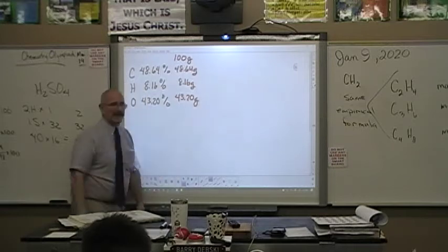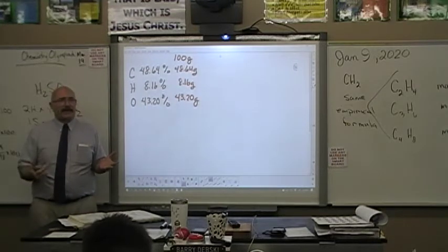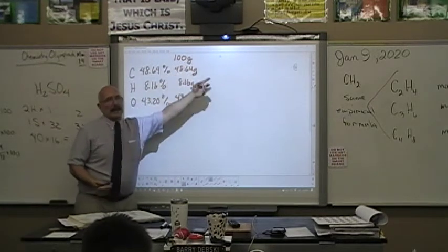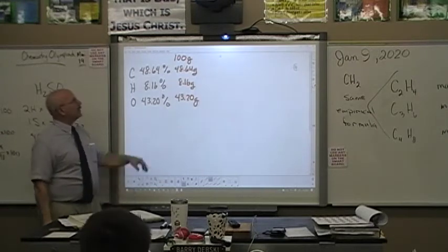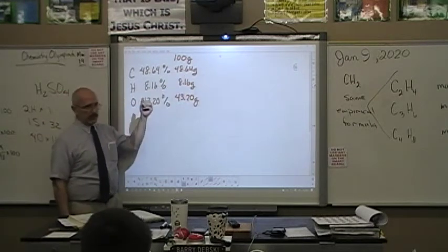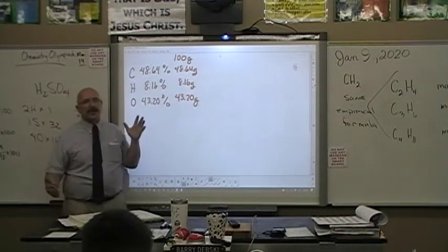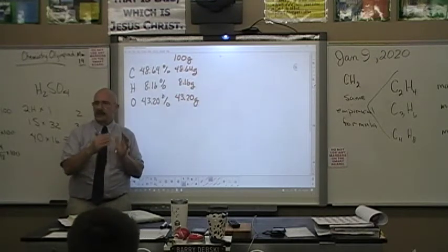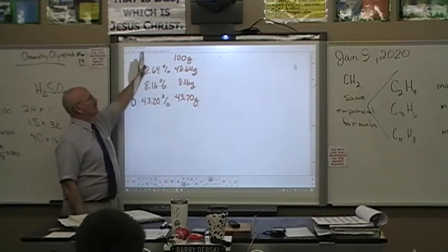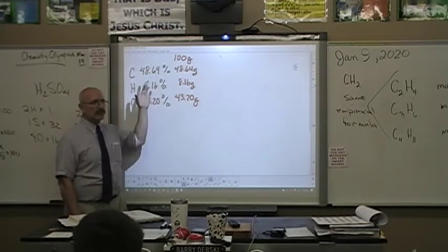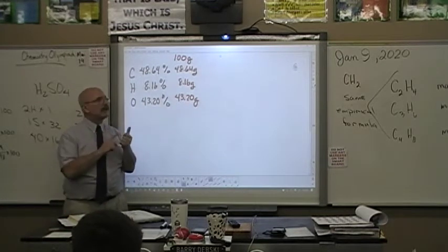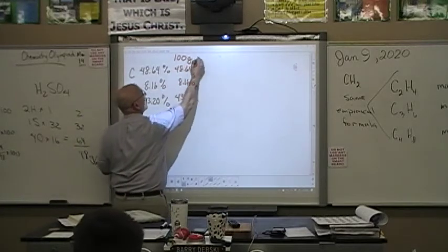Nothing's changed because we know that the percent times the total equals a number. So this percent times 100 equals 48.64. This percent times 100 equals 8.16. So I just change them all to grams. After you do a couple of these, you can probably just skip writing down percent and just write down grams. We're always going to assume a 100-gram sample.